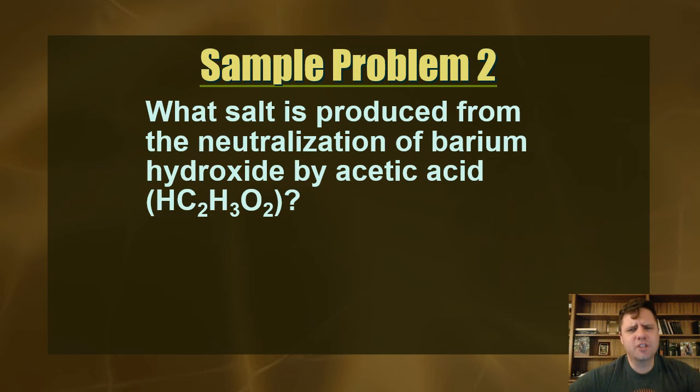What about this one? What salt is produced from the neutralization of barium hydroxide by acetic acid? So we're given acetic acid because it's maybe one that we don't know as quickly, but barium hydroxide you should be able to figure out. Barium hydroxide would be barium, Ba. Hydroxide is that OH-, right?